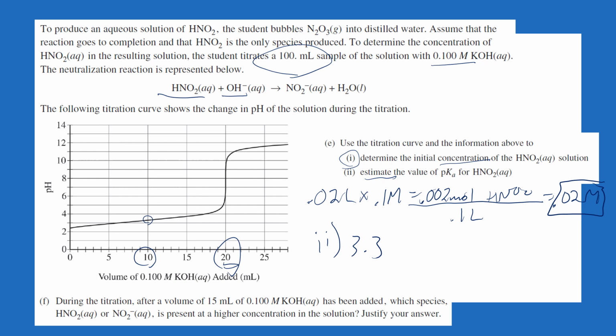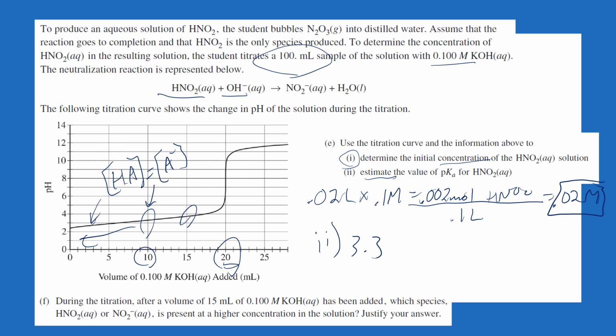And then for part F, during the titration, after a volume of 15 milliliters has been added, so now we're here, right? Which species, HNO2 or NO2 minus, is present at a higher concentration, and justify. So at half equivalence point, your weak acid is equal to your conjugate base. Before that point, the pH is lower, so you'd have more of the acid.